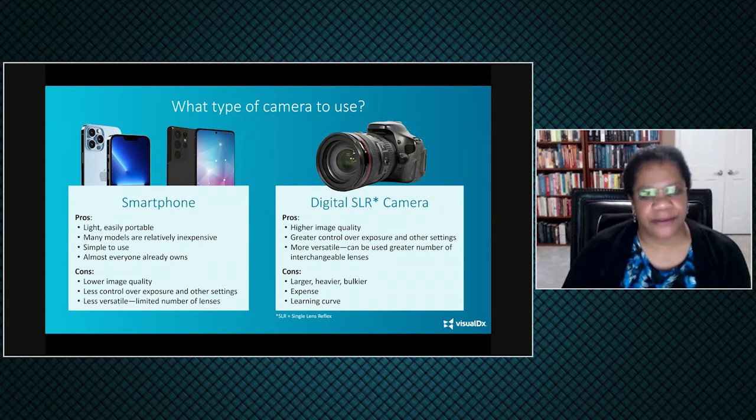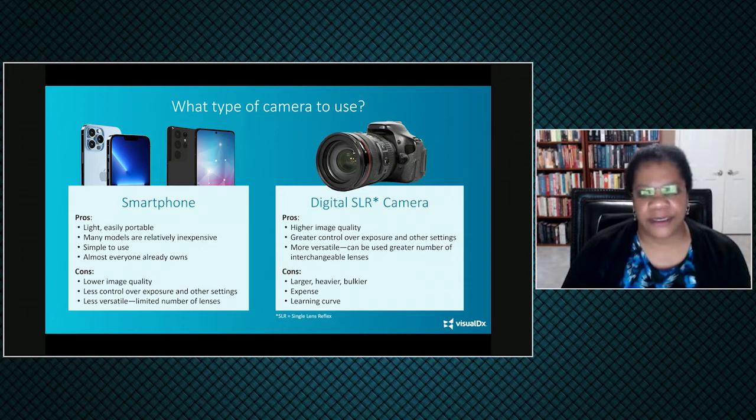Disadvantages are that the image quality is lower. There's less control over exposure and other settings, and they're less versatile because there are a limited number of lenses. In contrast to digital SLR camera advantages, there's a higher image quality, greater control over exposure and other settings, and they are more versatile because they can be used with a greater number of interchangeable lenses.